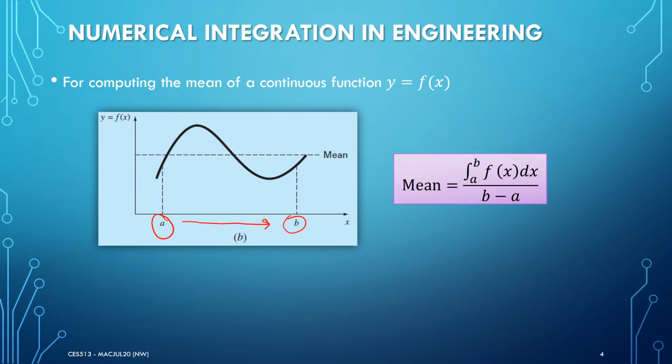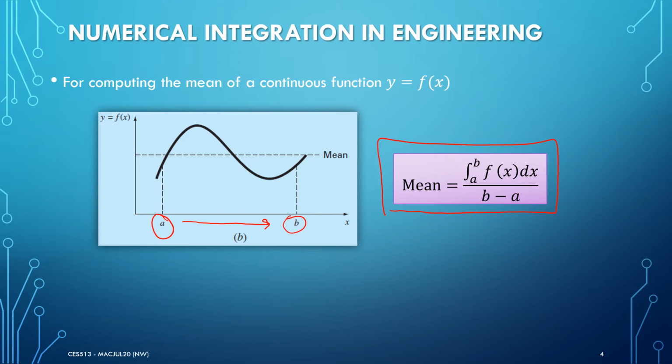So how are we going to determine the mean value of this function? By integrating the function using this formula: the mean equals the integration of f(x) dx from a to b divided by b minus a, or the width of the limits.